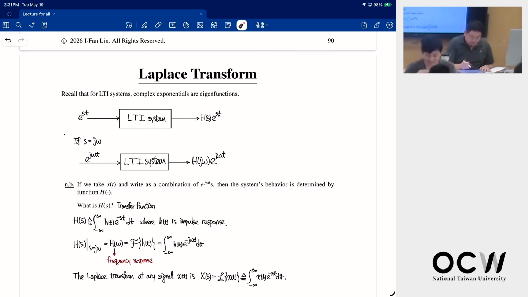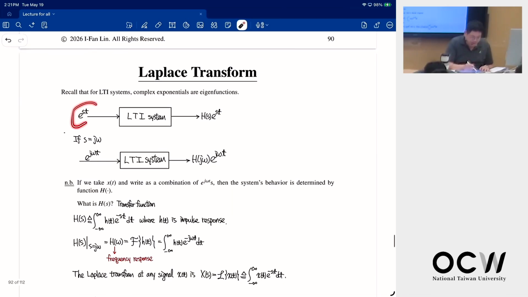We learned in the first half of this semester that if I have an eigenfunction and send it to the LTI system, this is the eigenfunction, and what is H of s? Whatever exponential you put in, you get the same one out, times this coefficient. That's the eigenvalue.